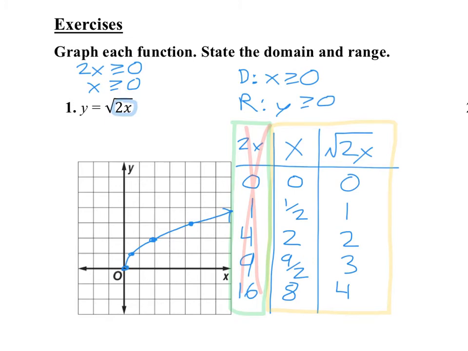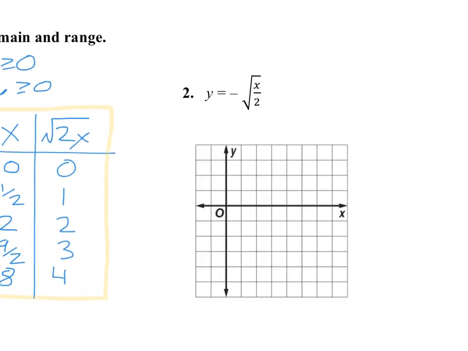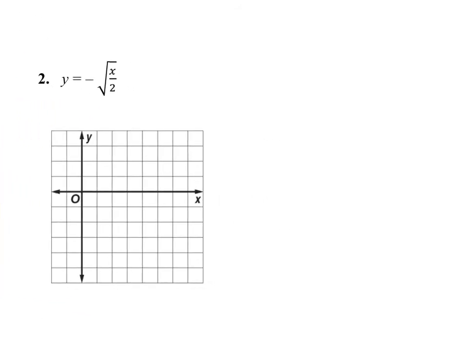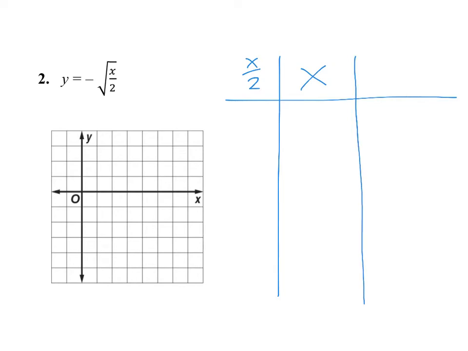All right, I think we would benefit from some more practice. Okay, I'll do the domain and the range last. So first thing I want to do is make my 3-column table. I want the radicand as my first column, x as my second column, and y as my third column.